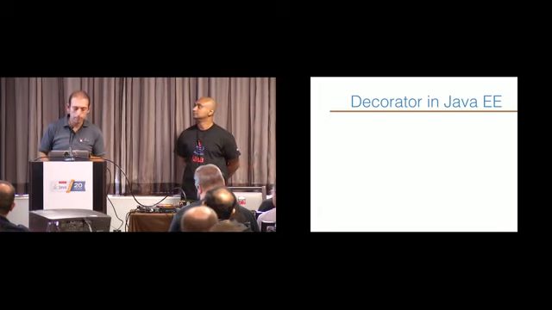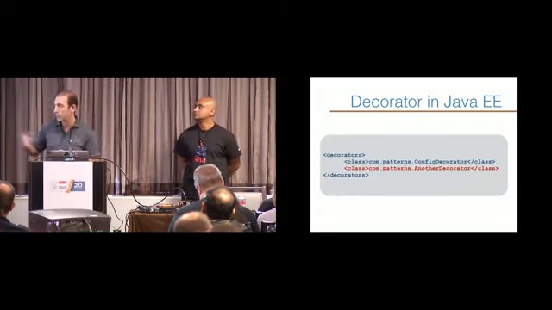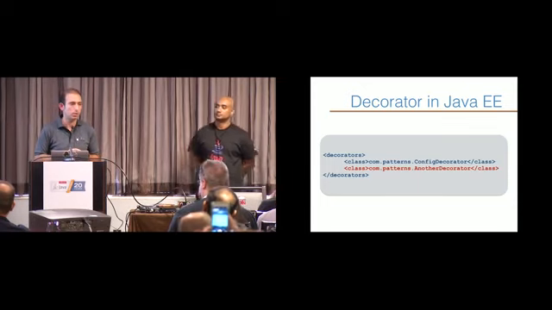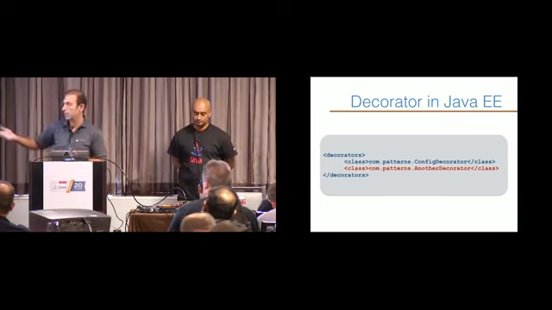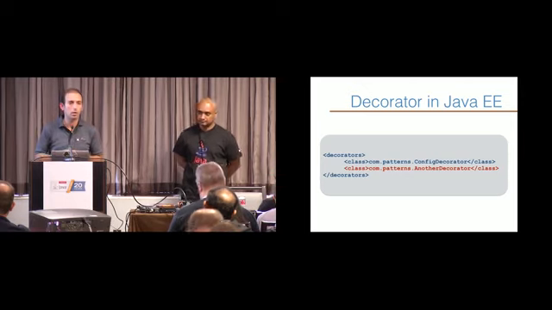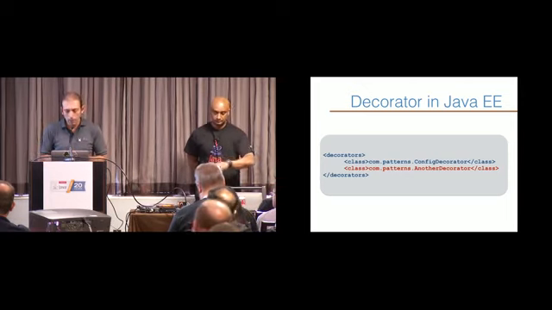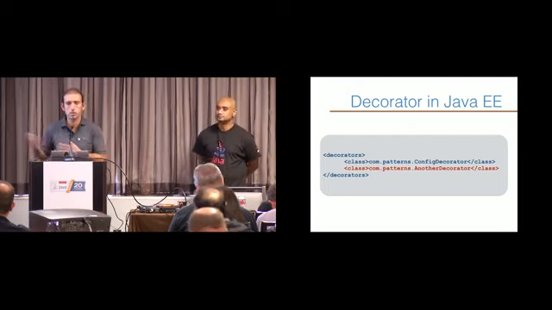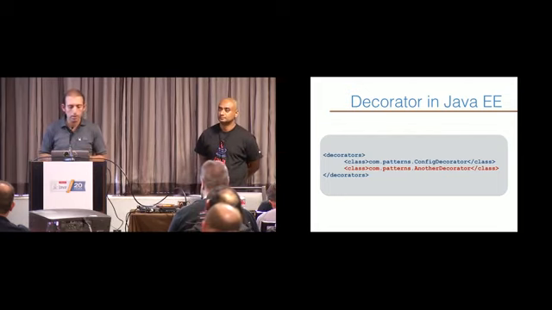And actually, the XML is also needed to decide on the order of the execution. So it basically declares the order of the decoration. So you can have multiple decorators, and you can add as much functionality at runtime without really changing the real implementation.